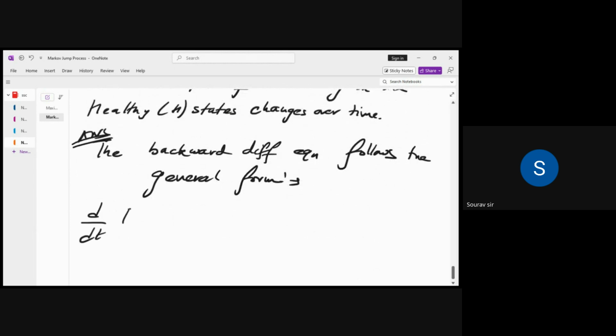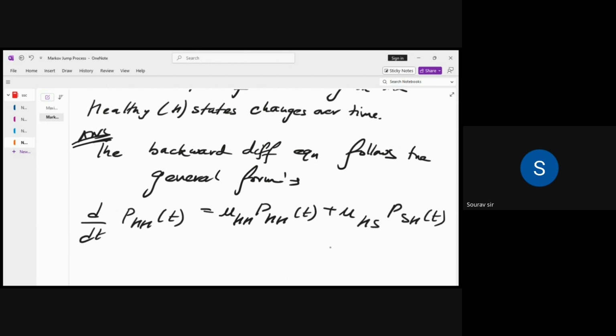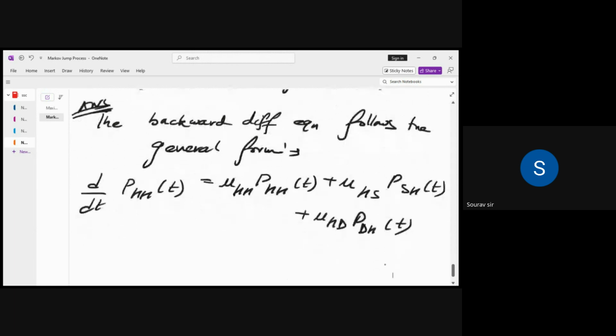d/dt of P_HH(t) is equal to mu_HH P_HH(t) plus mu_HS P_SH(t) plus mu_HD P_DH(t). Okay. So here, what are the notations?